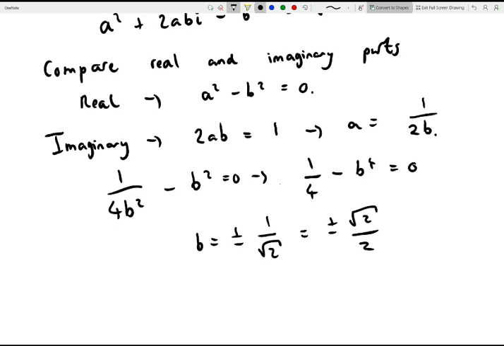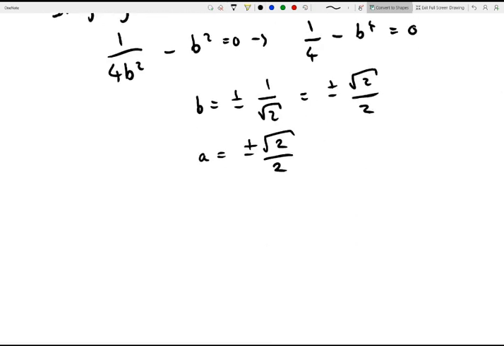And then when we substitute b into one of our expressions above, we can get back that a is the same, plus or minus root 2 over 2. So this means that our z, our a plus bi, was actually plus or minus root 2 over 2 times 1 plus i.